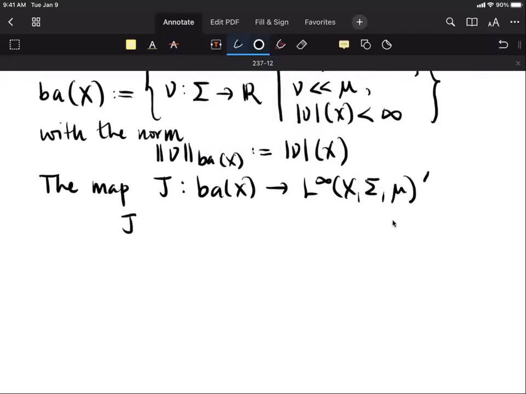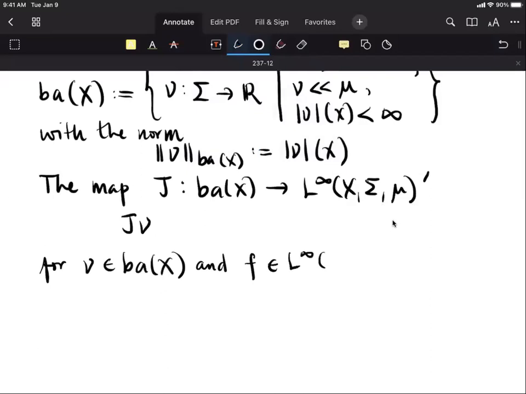So let us take a function g in L infinity, or I should say a measure nu, bounded and additive. So it's in BA(X). So we need to have a function in L infinity. So let us say my argument is f.